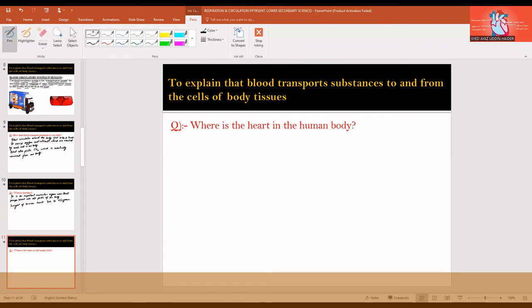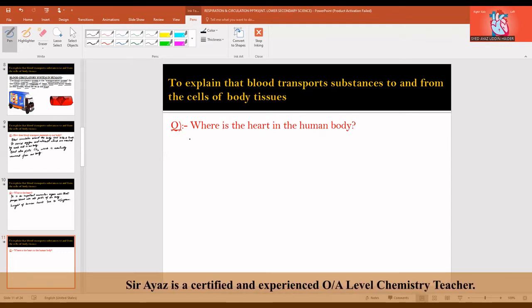Where is the heart in the human body? Our heart is situated in the middle of the chest.